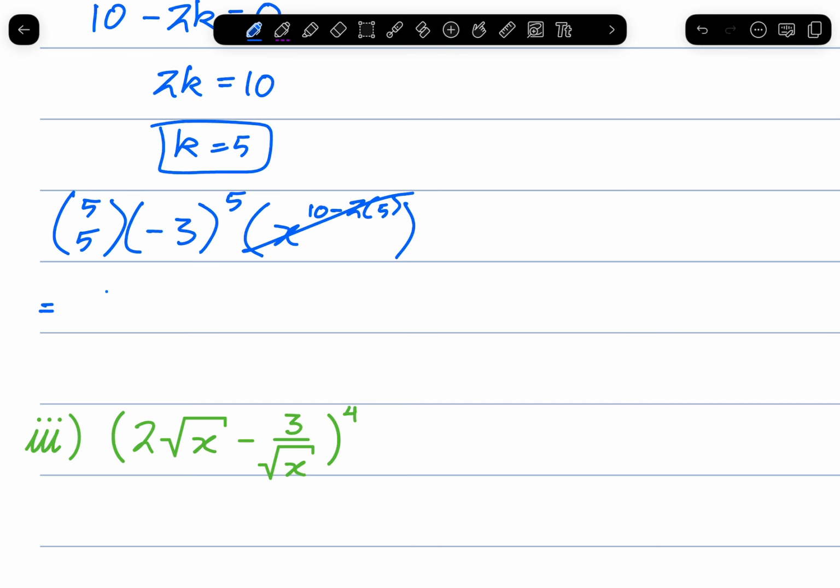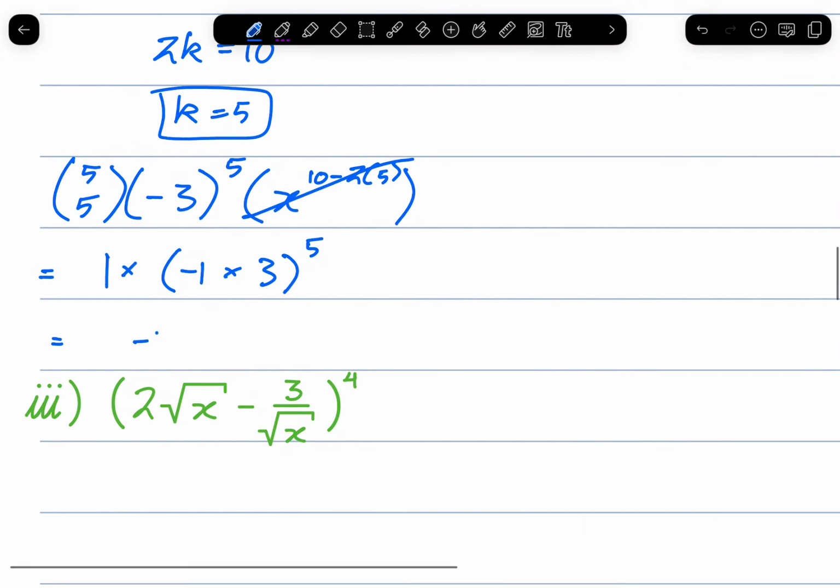This negative 3, we can go 5 choose 5 is 1, times negative 3. If we wanted to, we could expand this further as negative 1 times 3 to the power of 5. Expanding out those indices, we get negative 1 to the power of 5 times 3 to the power of 5.